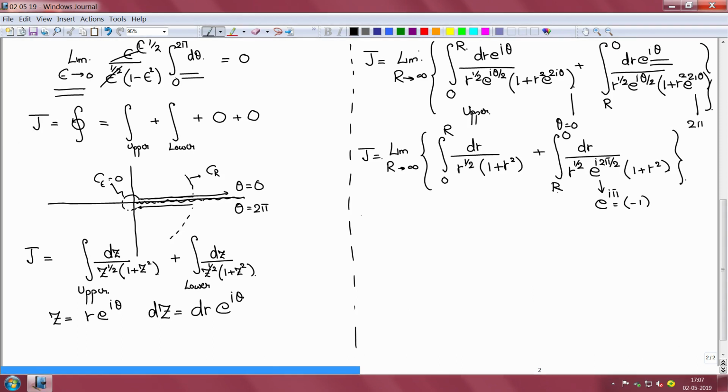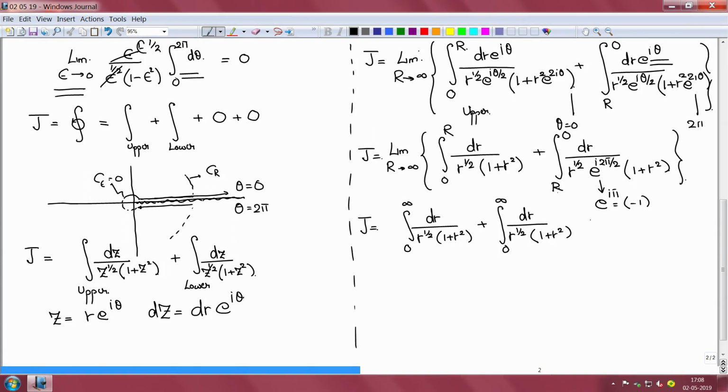Okay, so if I do that, now integral 0 to infinity dr by r to the power half 1 plus r square plus again integral 0 to infinity dr by r to the power half into 1 plus r square.